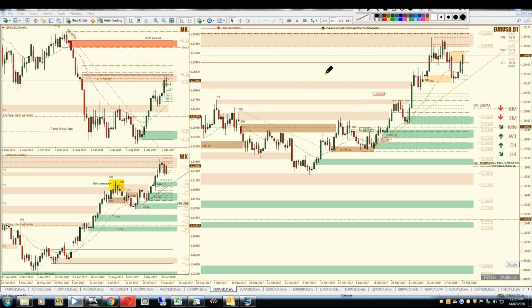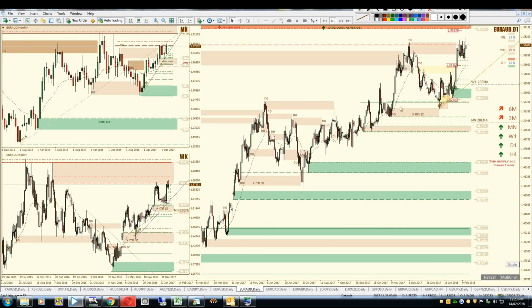And then I take either trades based off of that theme, or I look for precise places where the institutions are going to make a move, or precise places where the institutions have made a move, and I place trades based on those trade signals. Alright, so that's it for the euro.